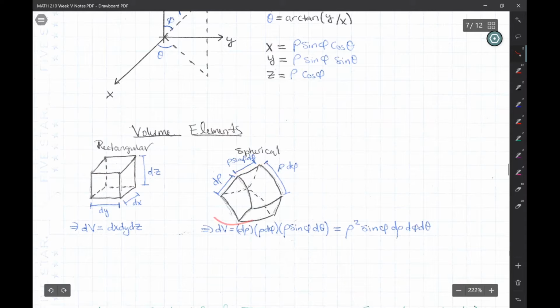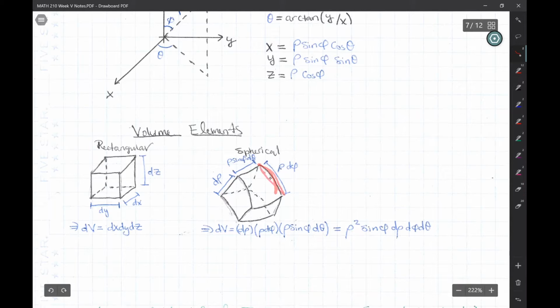In spherical coordinates, we break up our region of integration into these spherical wedges, and here we have d rho. If this was a physical setting, rho would have a unit of length, so meter.